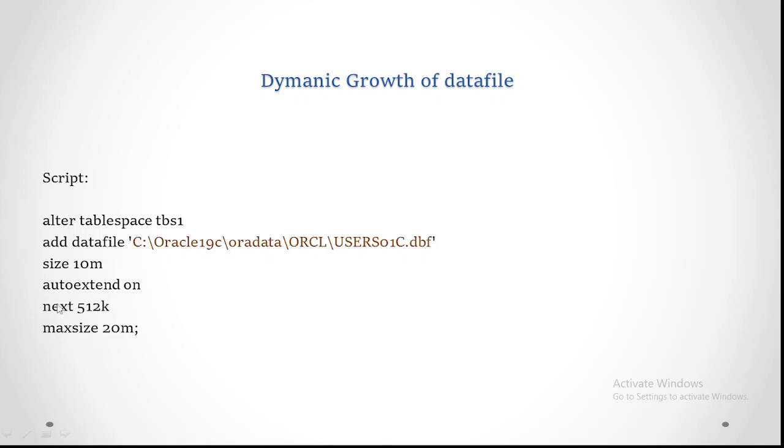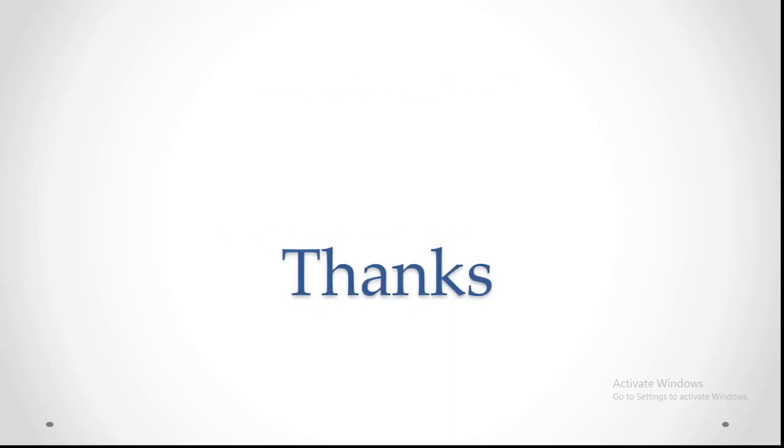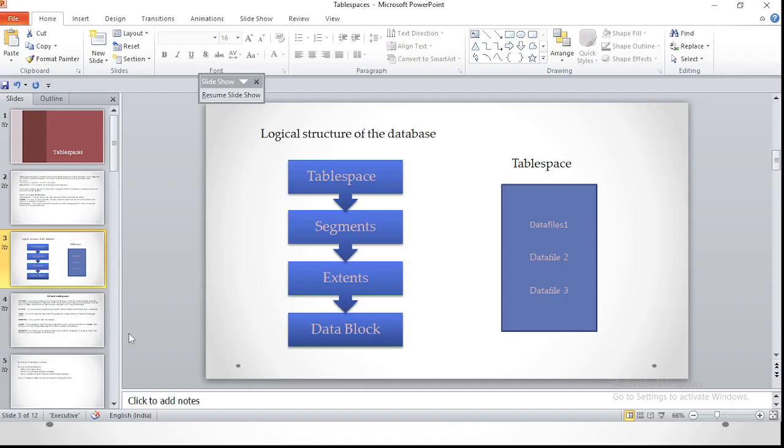Autoextend on, next: if our data files or database is large, we can use next 10M, next 15M, anything. The max size can be 2GB as well. That depends on your database. So thanks, and let's go to our lab.